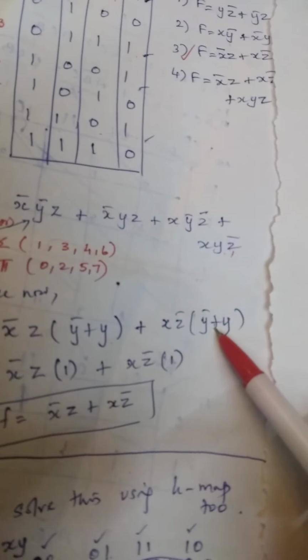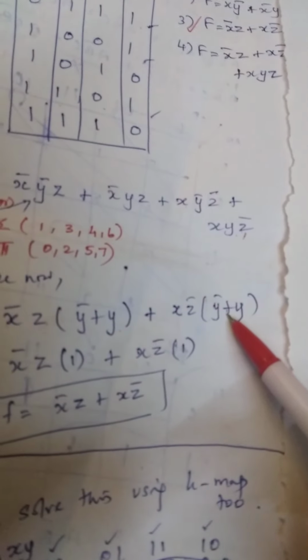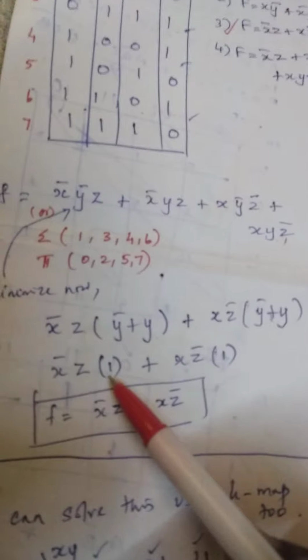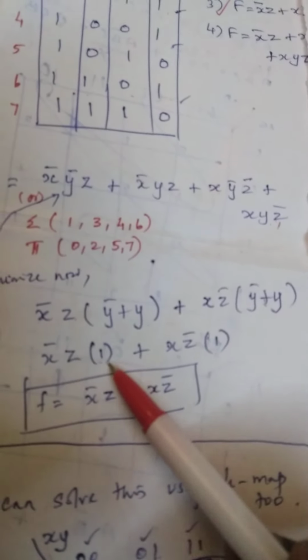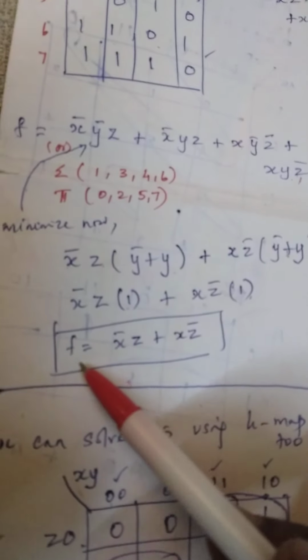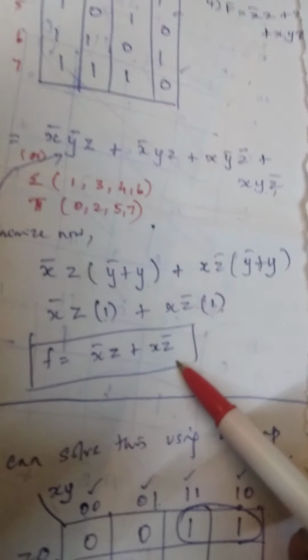We already know y' plus y will be equal to 1 by Boolean expression. The final thing will be x' z of 1 plus x z' of 1, and the minimized equation will be f equal to x' z plus x z'.